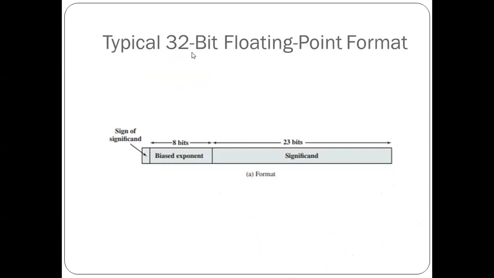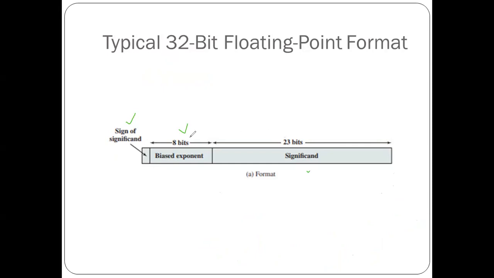So typically, we normally use 32 bits for representing our floating point numbers. Out of the 32 bits, the most significant bit is reserved for the sign component, the remaining 8 bits are reserved for the exponent, and 23 bits are reserved for the significand.